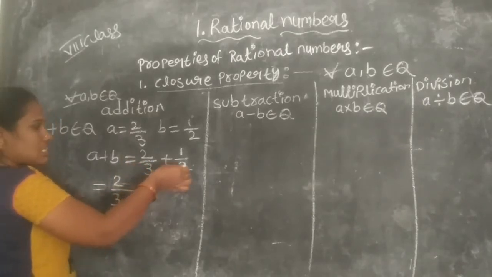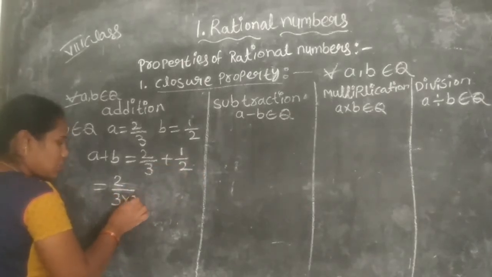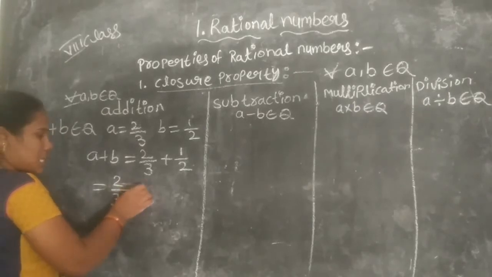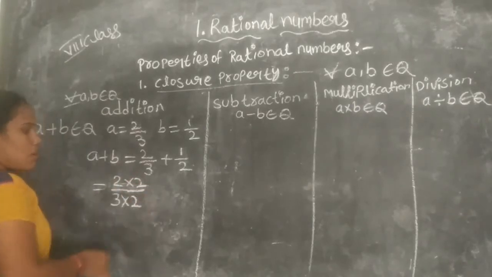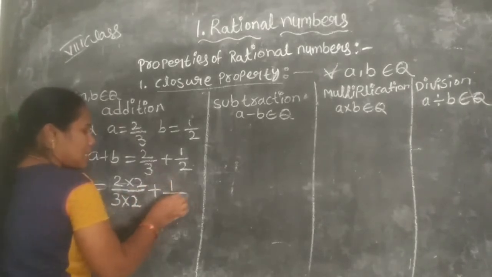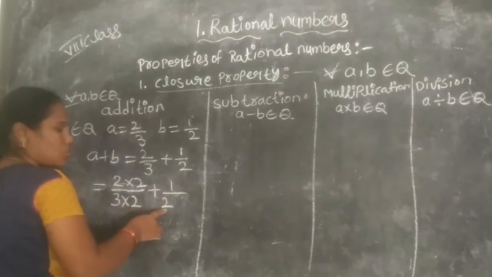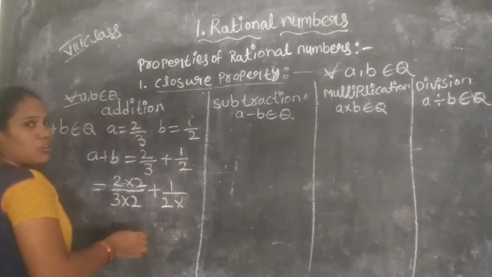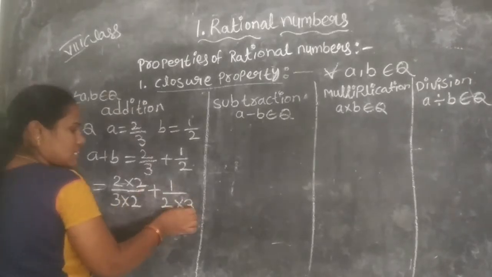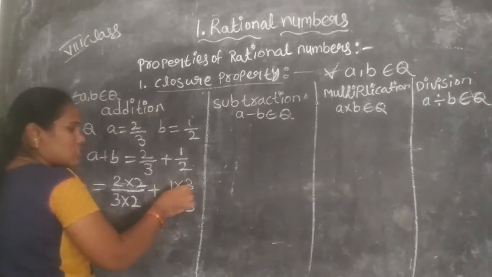3 2s are 6, 2 3s are 6. We multiply 2 in the first fraction, so we multiply the numerator by the same number. And for 1 by 2, we multiply by 3, in the numerator also the same number 3.